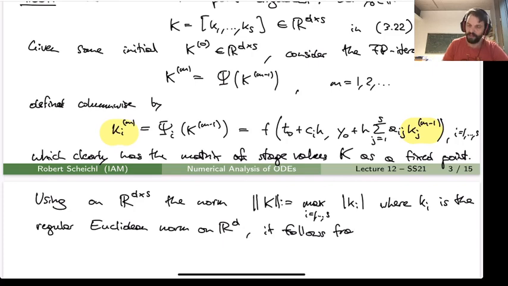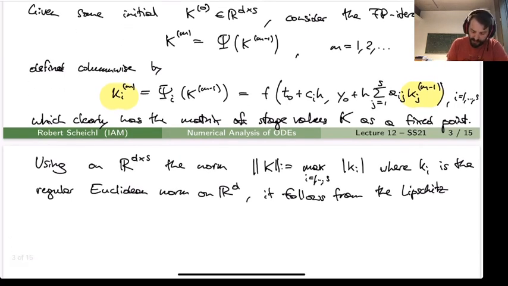Remember, we can make these fixed point arguments always for any norm on a normed space. On any Banach space we need to have a complete space.